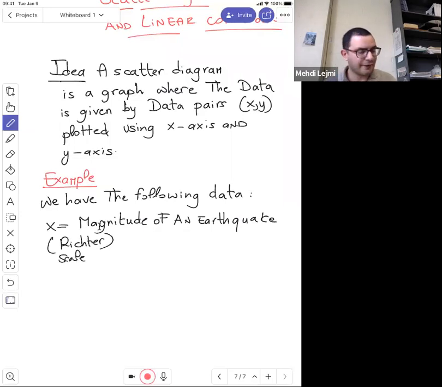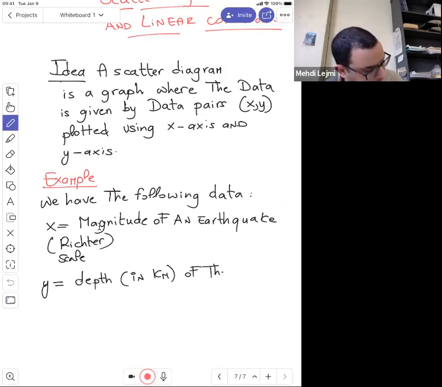And we have another variable, y. And y is, let's say, the depth in kilometers of this earthquake.